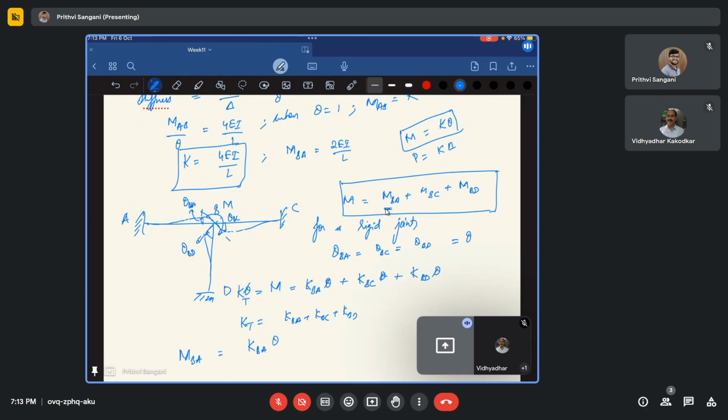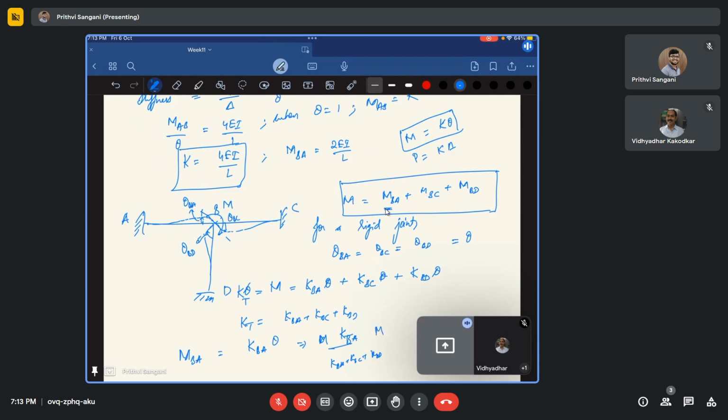From this you can say how M is distributed: MBA can be found as KBA divided by KBA plus KBC plus KBD, times M.